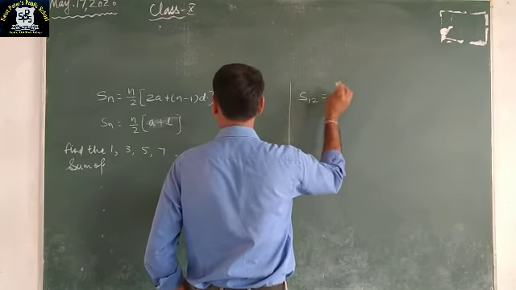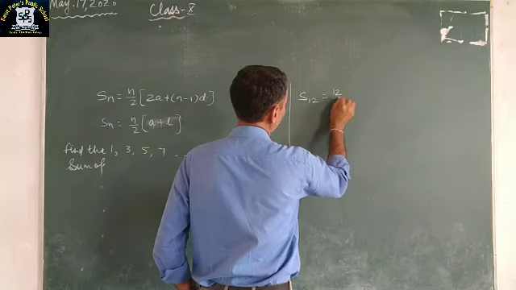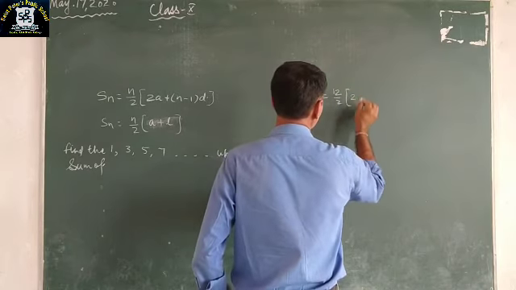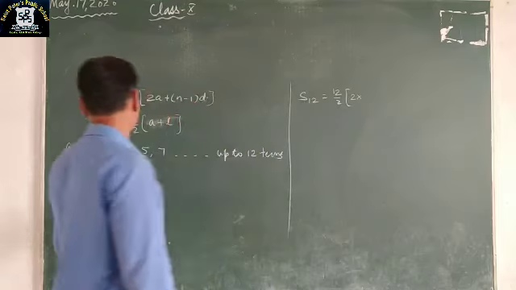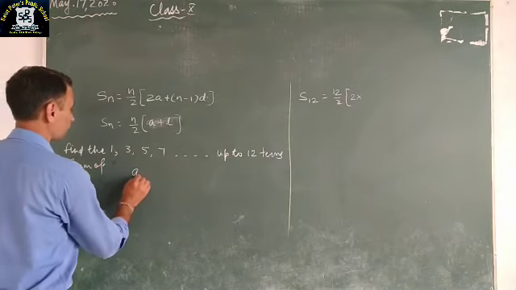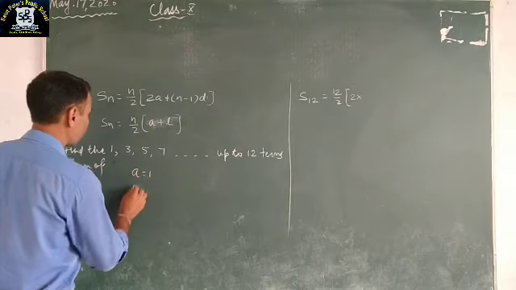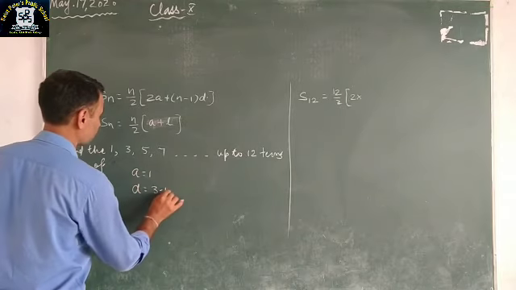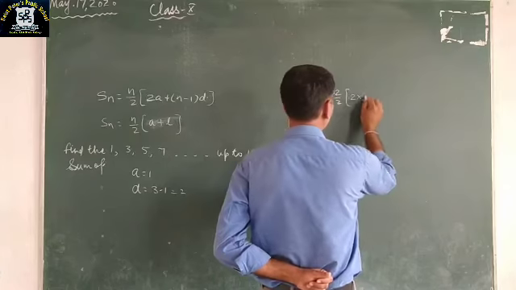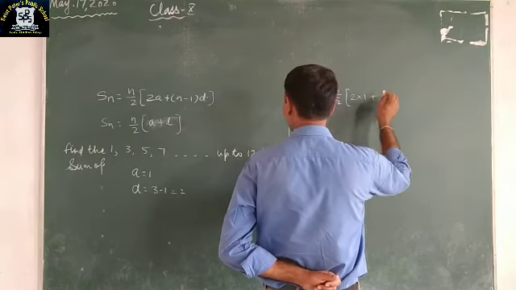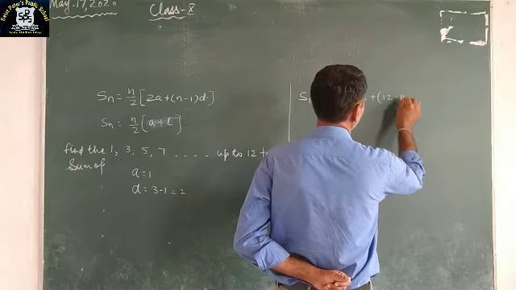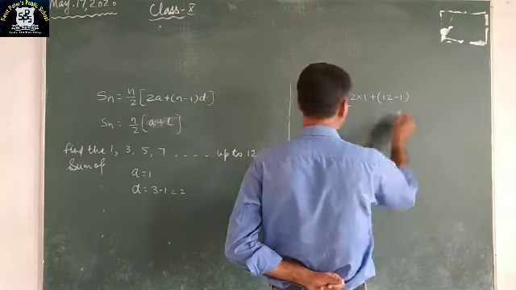S12 will be equal to 12 by 2 into twice of a. Here a is the first term, so the value of a is 1, and the common difference d will be 3 minus 1, that's 2. So 2 into 1 plus n minus 1 into d. n is 12, minus 1, into d, which is 2.